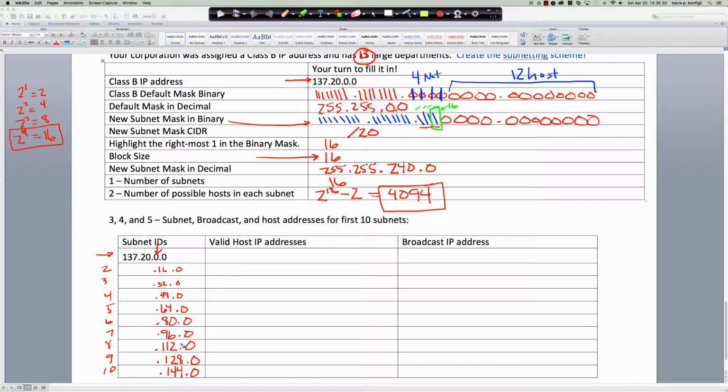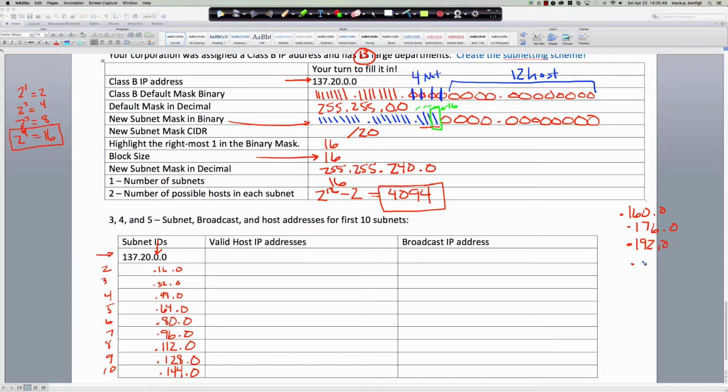And then it's just going to continue to go. You just keep incrementing that third octet by 16. If I were to continue on, we'd have .160.0, .176.0, and we'll play this all the way out. What do we got here? 192.